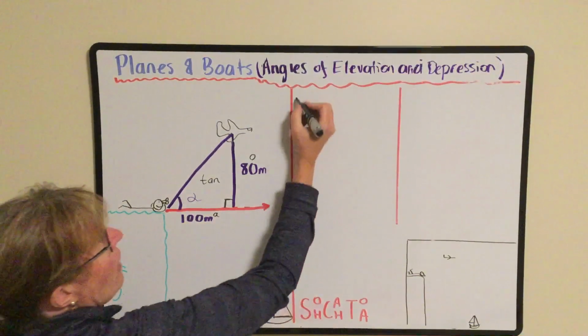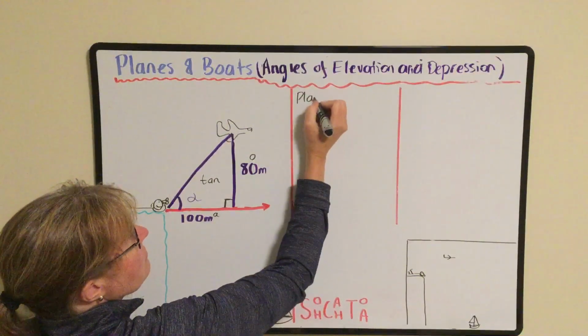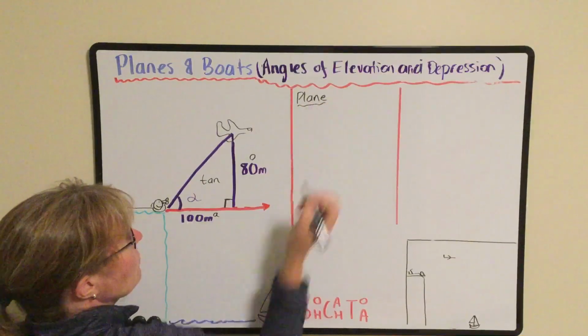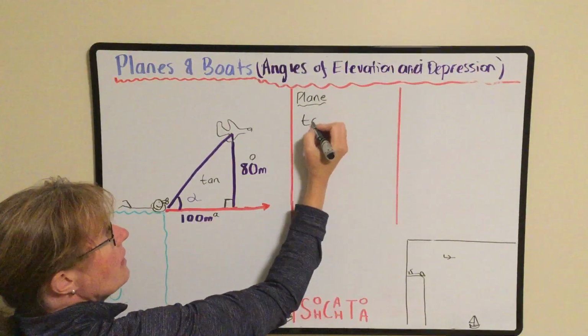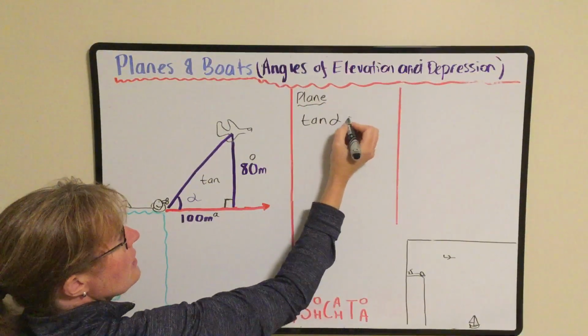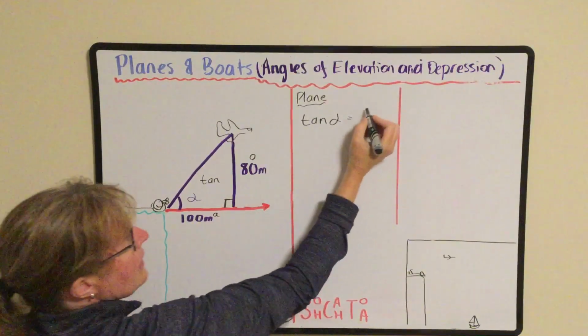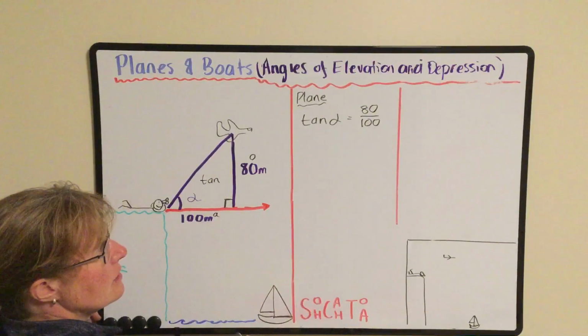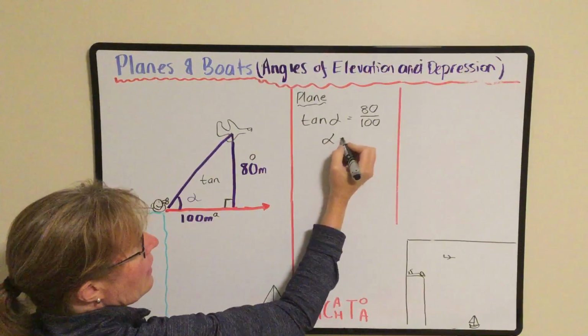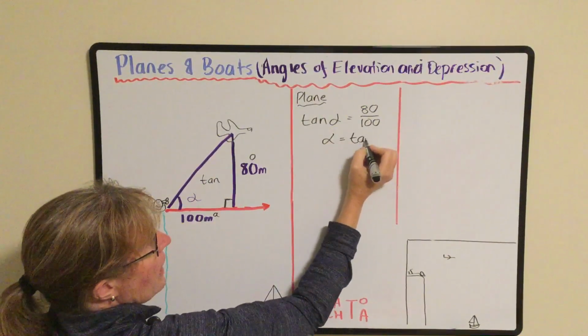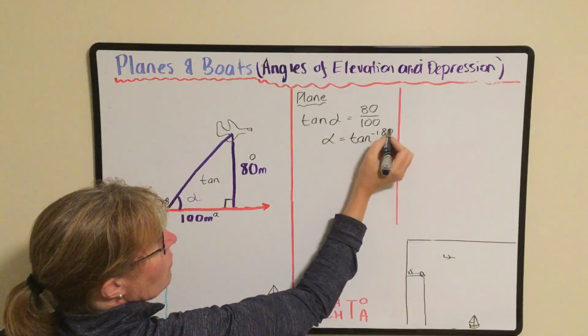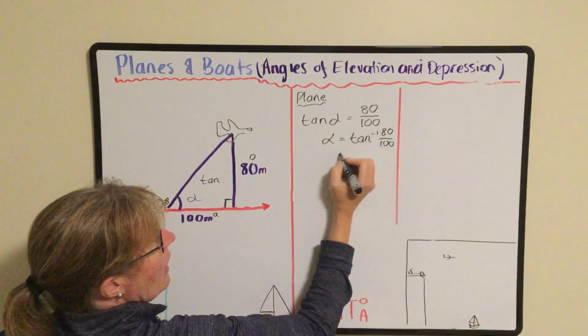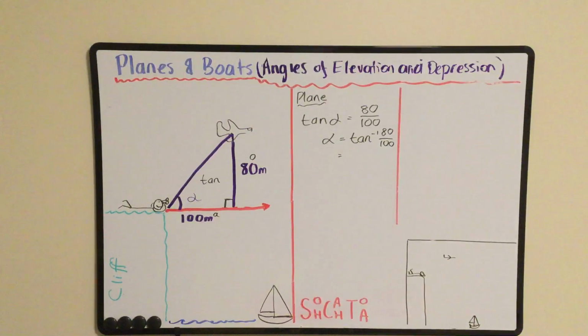So if we were to solve our plane question here to find that angle, we would say that tan of alpha is equal to the opposite, which is 80, over 100, which is our adjacent. We put into our calculators that alpha equals tan to the minus 1 of 80 over 100. And just answering to the nearest degree, you can pause and do that one yourself.